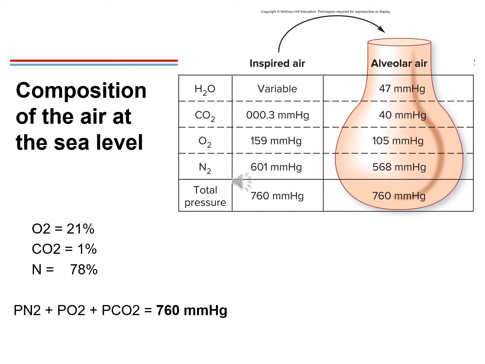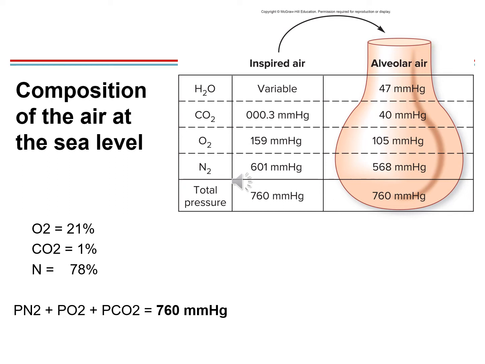Another variable in our air at sea level is the amount of water that represents the humidity in the air that we breathe. Obviously, living on the central coast, the humidity is average, around 60–70%.